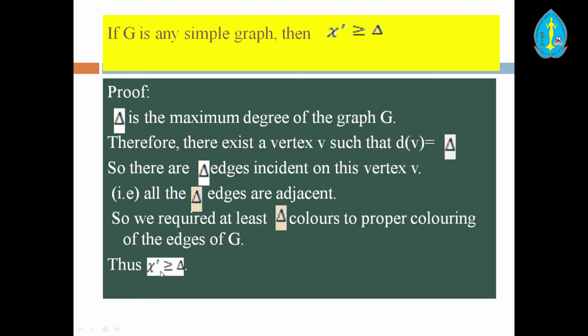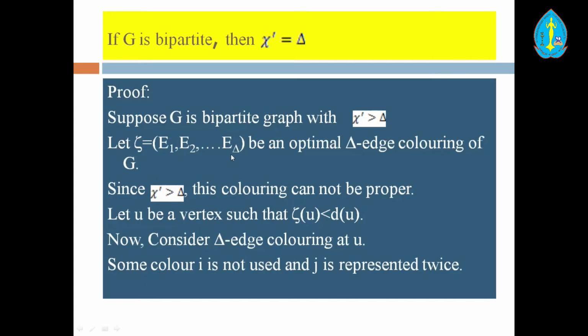That is, in a bipartite graph we have to prove that chi' is not greater than delta. Suppose, by contradiction, G is a bipartite graph with chi' greater than delta. Let C be an optimal delta-edge coloring of G, that is, we have used delta number of colors.